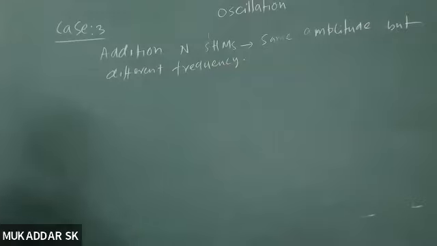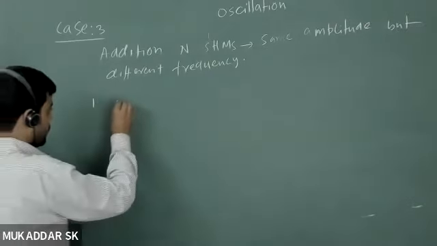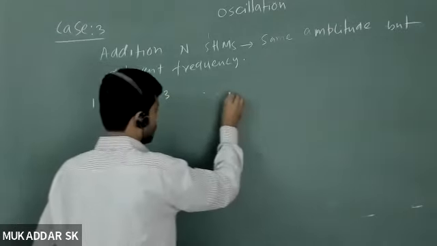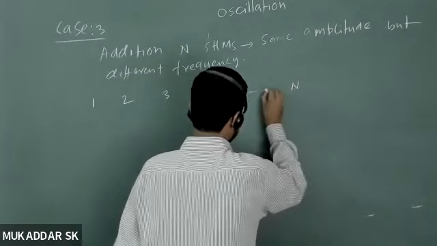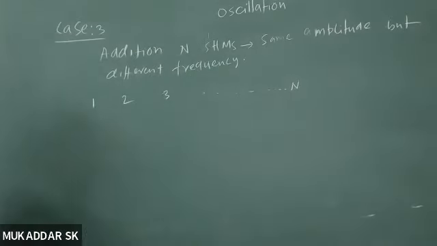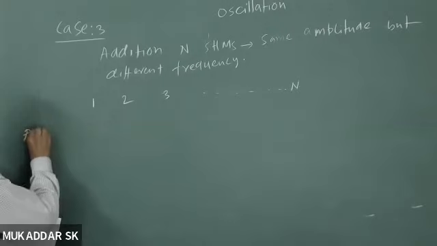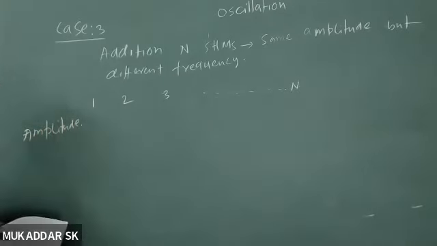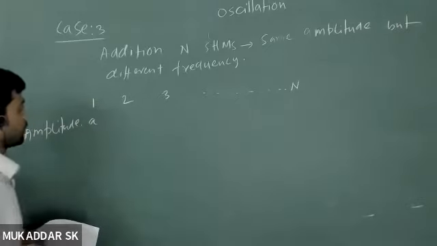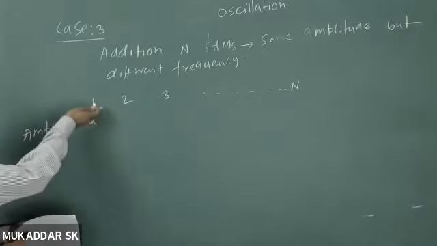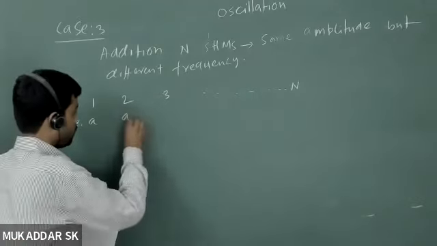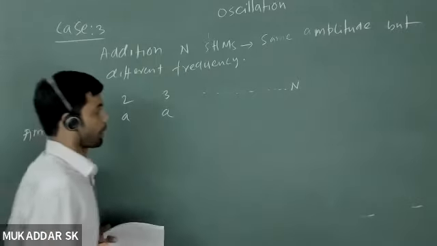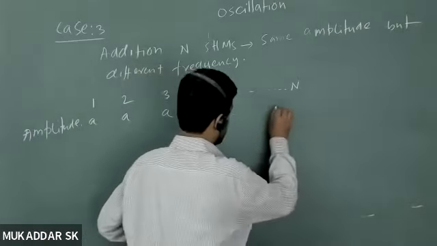Okay. So suppose you have n number of SHM. Let us write 1, 2, 3, and so on, up to n. Their amplitude: for SHM number 1 the amplitude is A, for 2 it will be A, for 3 again it will be A, because they have the same amplitude, and this will continue.